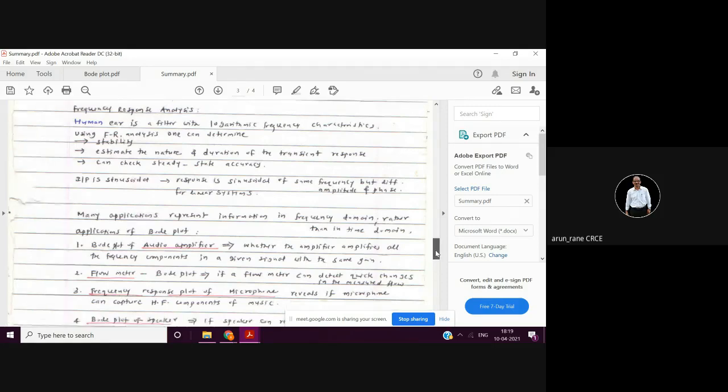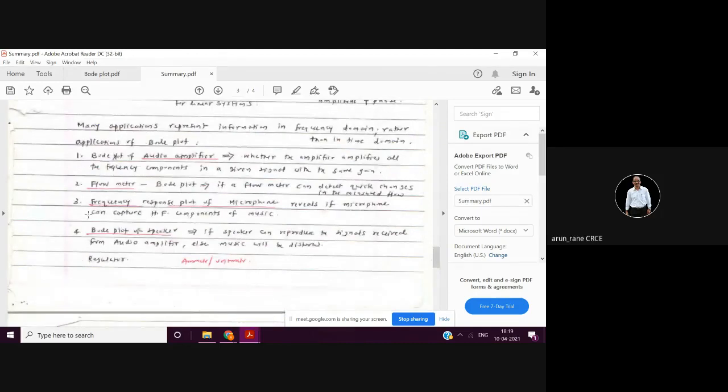Okay. So these are the Bode plots I was telling you about, a short note. You can use the Bode plot of an audio amplifier to check whether the amplifier amplifies all the frequency components in a given signal.